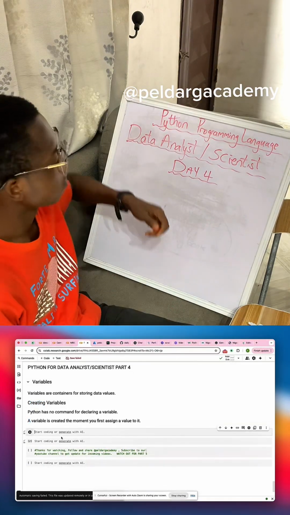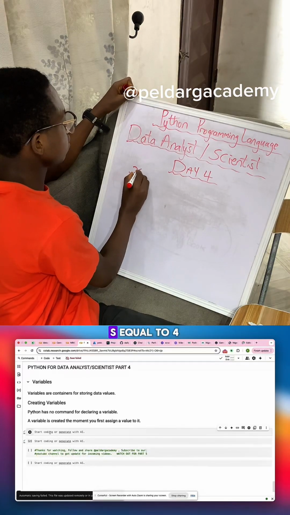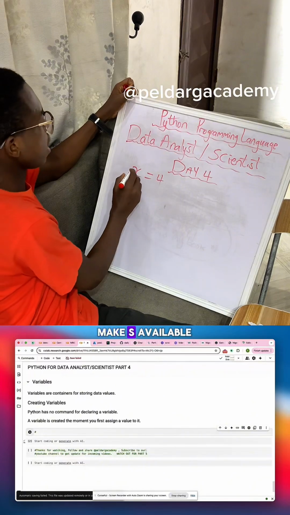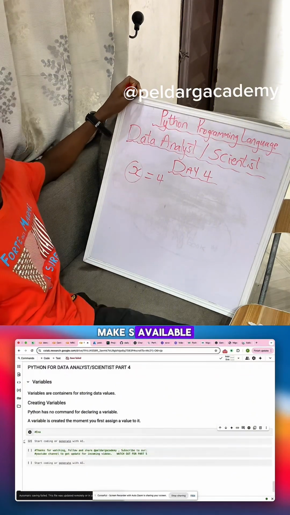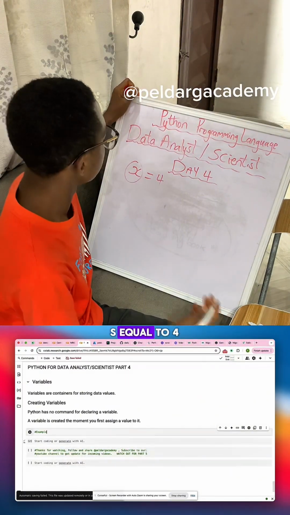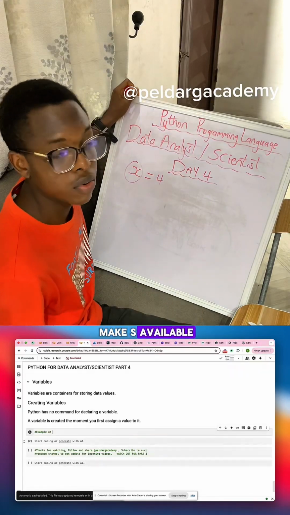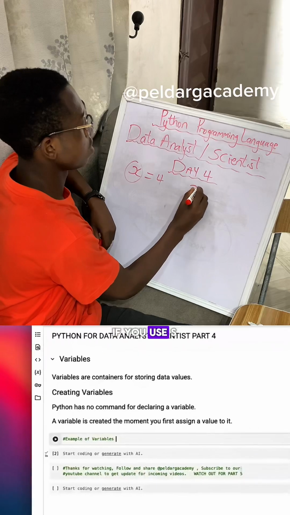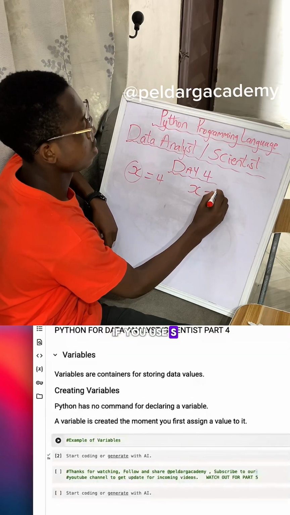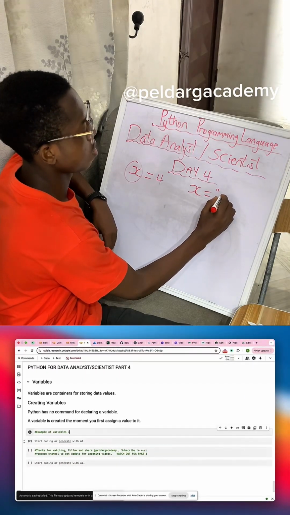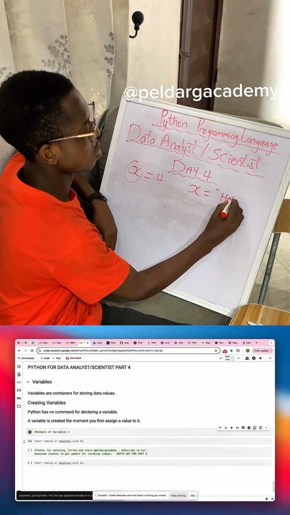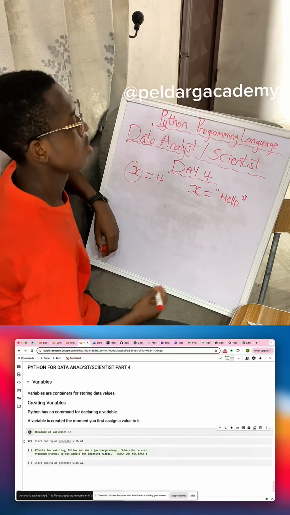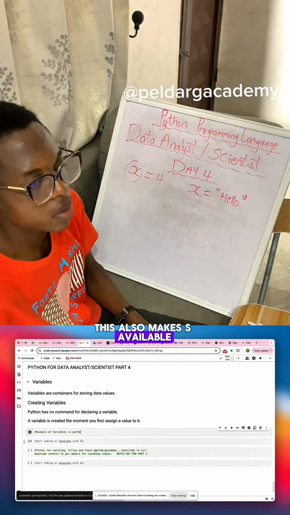For instance, x is equal to 4 makes x a variable. If you use x equal to "hello", this also makes x a variable.